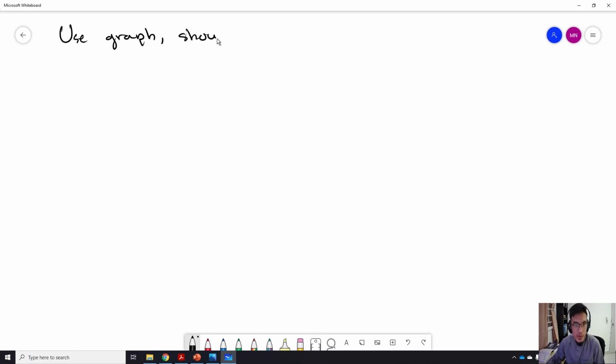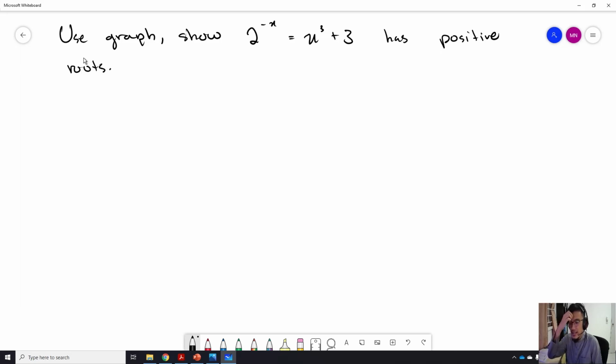Okay, then our next example is use a graph to show 2 power of negative x equal to x power of 3 plus 3 has a root. Okay, first I want to mention here that this question requires us to draw a graph according to the exact scale.